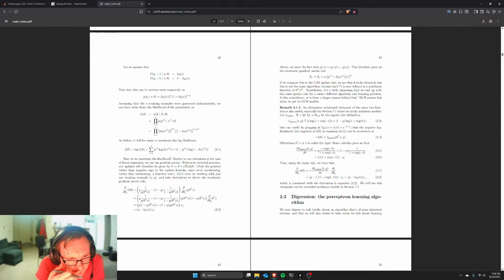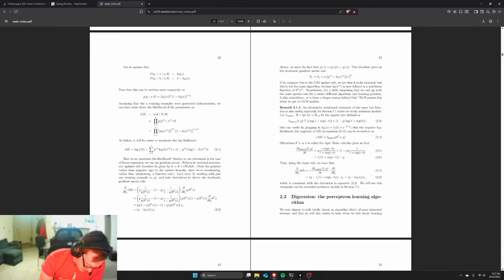In other words, the derivative of the log likelihood is y minus the hypothesis of x times xj.